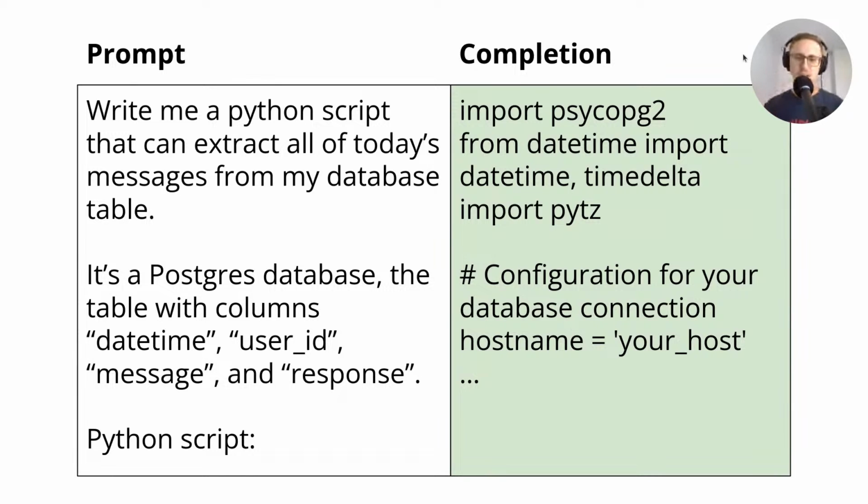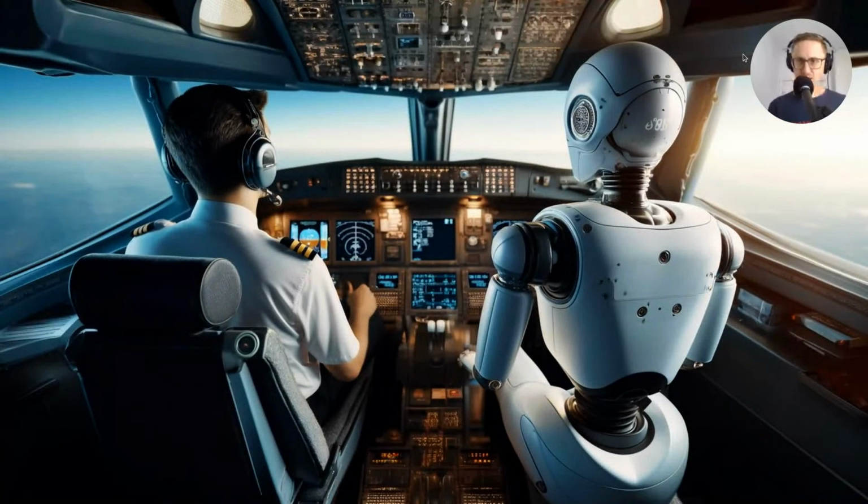You can output completions of SQL. You can output completions that format text from one format to another, to do code translation, to do document summary. I mean, you all have seen all of the amazing use cases that are here. And this is why people have started talking about these models as a sort of co-pilot.